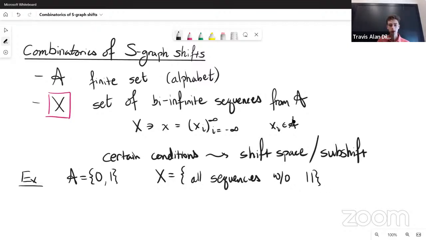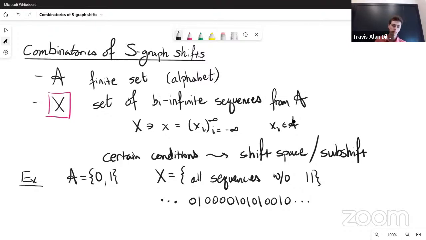So maybe an element of this space will look like this, and so on. This is some part of an infinite string that can lie inside X. So this is one way to define it. And it turns out this is in fact a shift space.